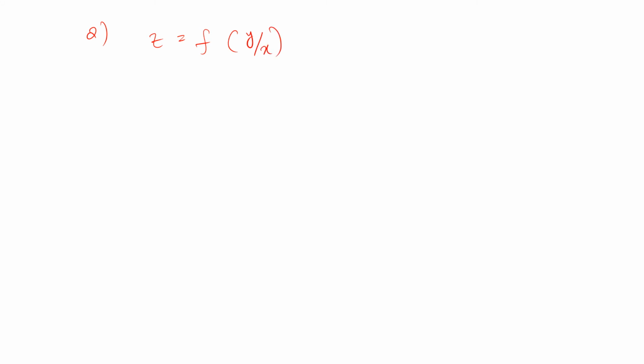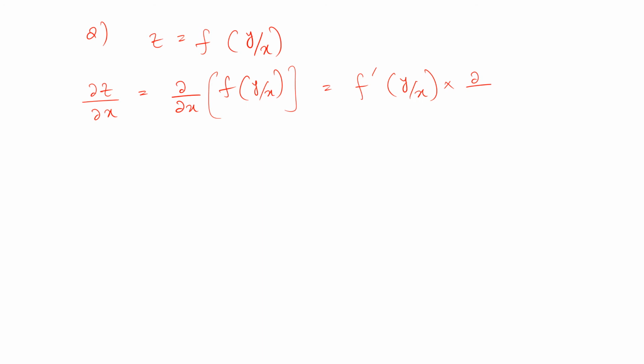So what we will do is the same as we did in the previous example, that is ∂z/∂x will be equal to ∂/∂x multiplied by the function, and what we will get will be f prime, that is the derivative of the function, multiplied by ∂/∂x of the function itself.